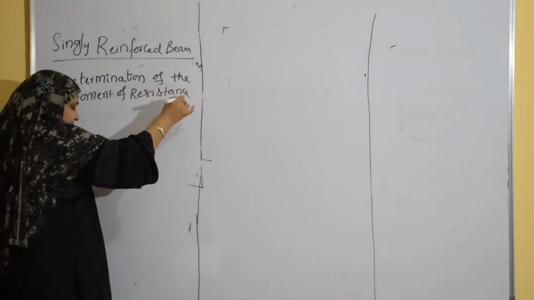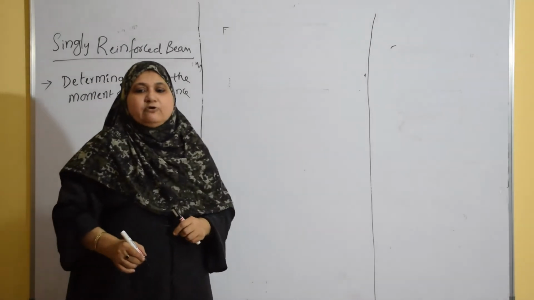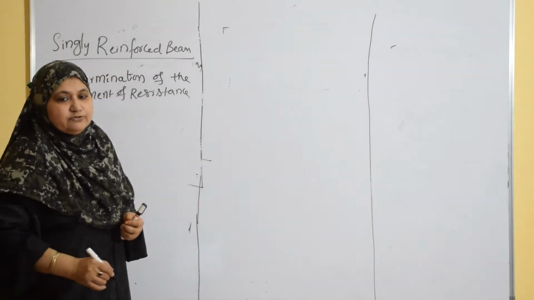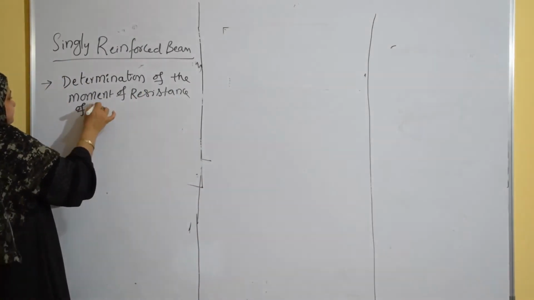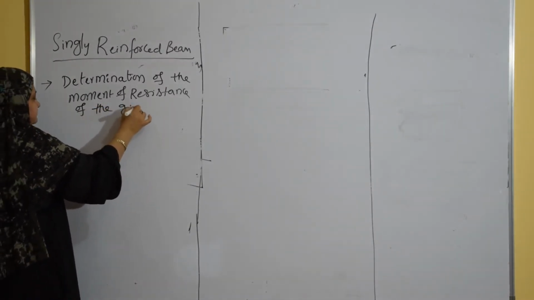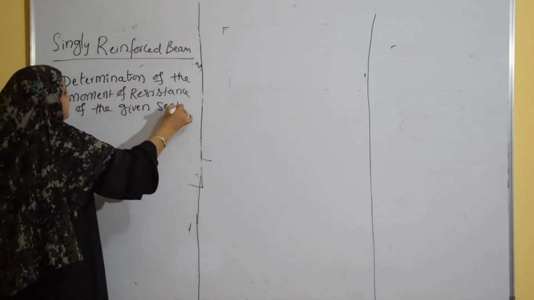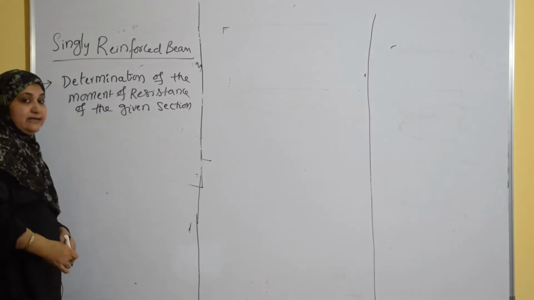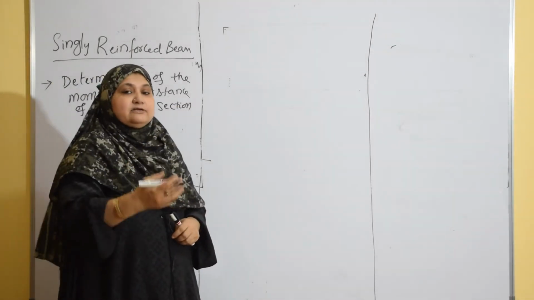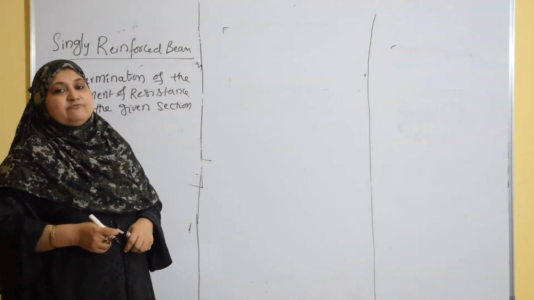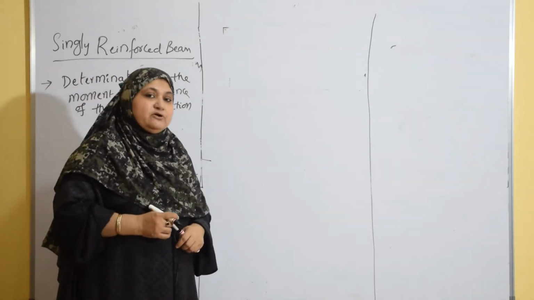This will be our first type of problem we will be solving, moment of resistance of the given section. We will find out whether the beam can carry the external loading or not. That is the capacity of the beam we will derive. That is called moment of resistance.